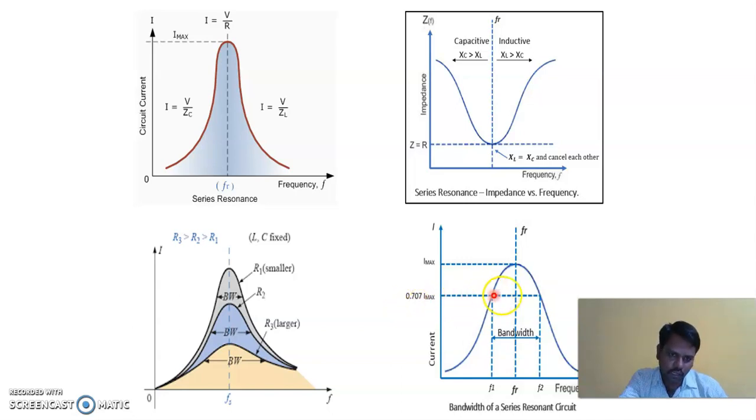If you plot a line, it cuts the curve at two particular points, 1 and 2. Let me represent this as F1 and this as F2. These are the frequencies greater than the resonant frequency and less than the resonating frequency. The difference between these two frequencies is what we call the bandwidth.